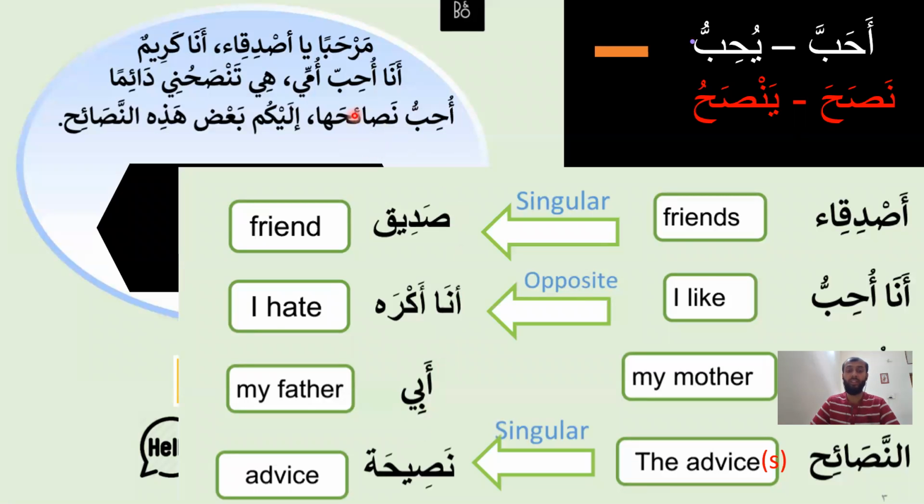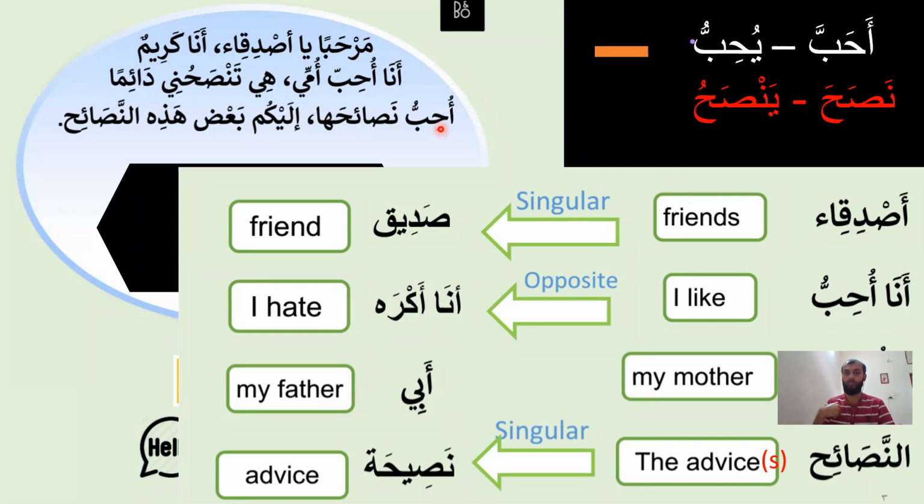Uhibbu nasa'iha. What is the ha here? Her. So we have huwa, huma, hum, hiya, huma, hunna. Ha is her. So she is here in the attached form. Uhibbu is I love.